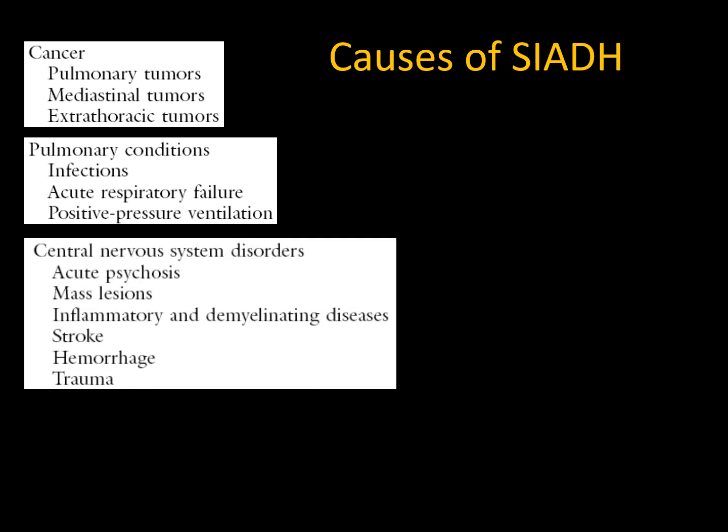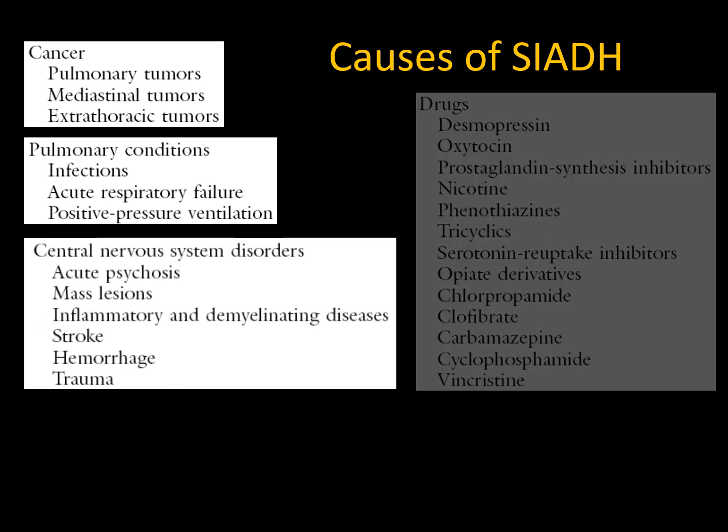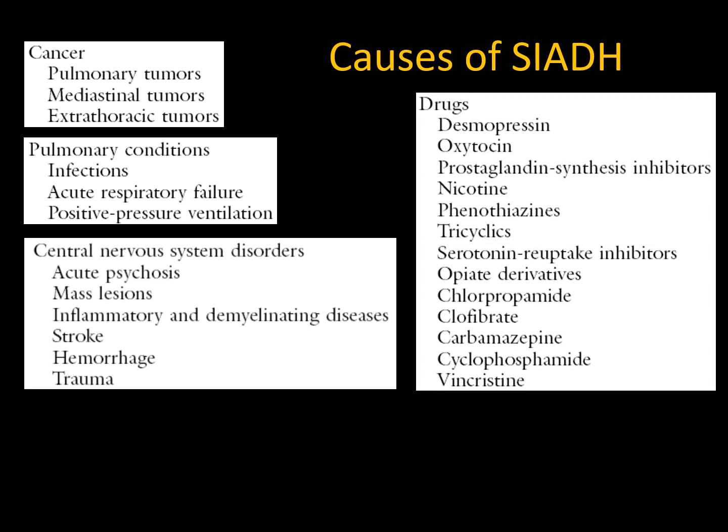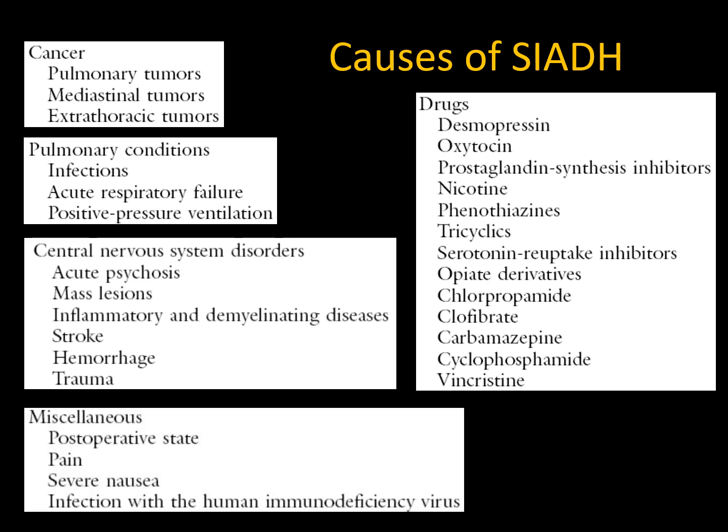It also could be due to central nervous system or intracranial issues, such as mass lesions, stroke, and other conditions. Many drugs have been known to cause a syndrome of inappropriate antidiuretic hormone excretion, such as desmopressin. Finally, other conditions that result in stress to the patient, such as pain and post-operative state, or even severe nausea, can result in an SIADH.